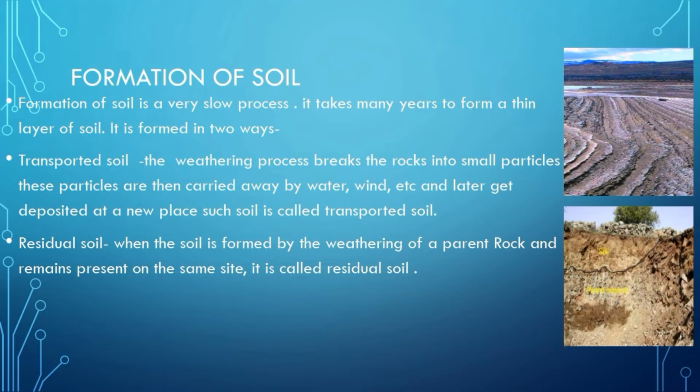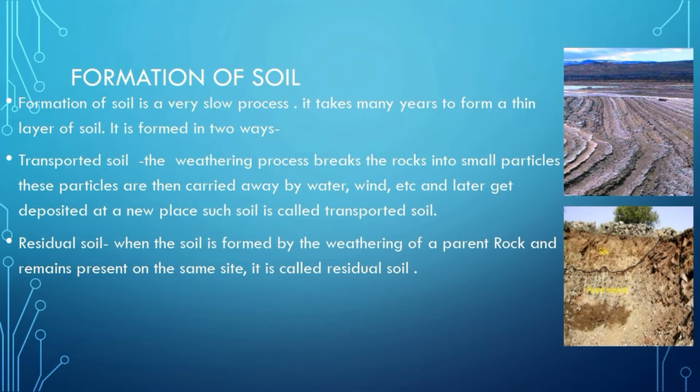The weathering process breaks the rocks into small particles. These particles are then carried away by water, wind, etc. and later get deposited at a new place. Such soil is called transported soil. Transported soil means soil transferred from here to there by the agents of gradation.